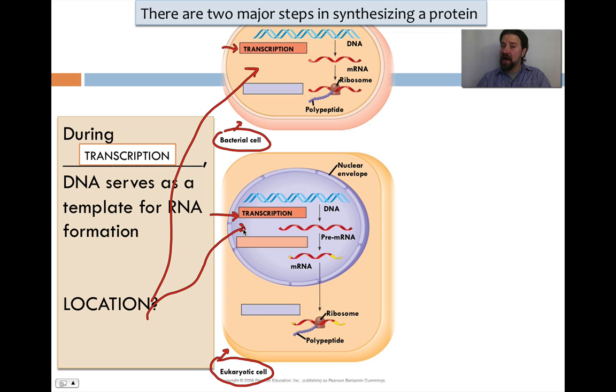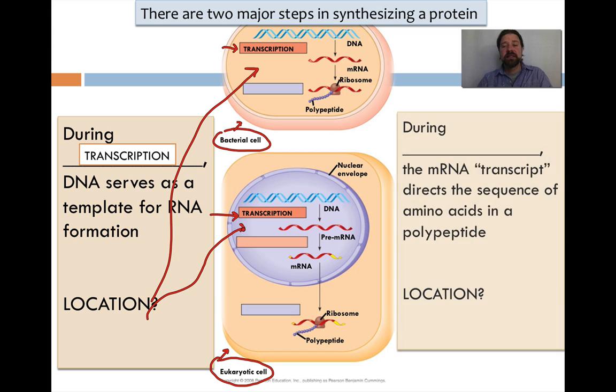Now, that's only half. That's the first process, or process 1, I alluded to in an earlier slide. The next process is called translation. That's process 2. And that's where your mRNA transcript, that copy from your template, directs the sequence of amino acids in a polypeptide. So you can see in the prokaryotic cell, that is going on right here.